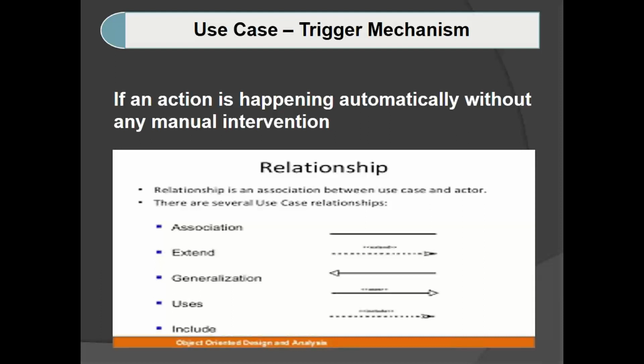Now assume that in your project there are 400 requirements, and for each requirement there are 20 actions. So we have to draw 20 use case diagrams. For each action we have to draw one use case diagram. So for one requirement we are drawing 20 use case diagrams.